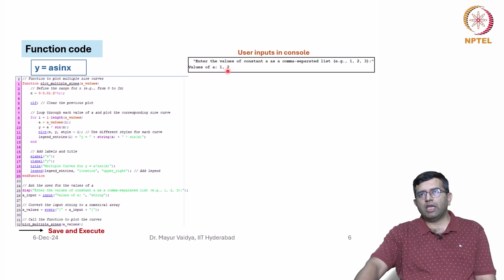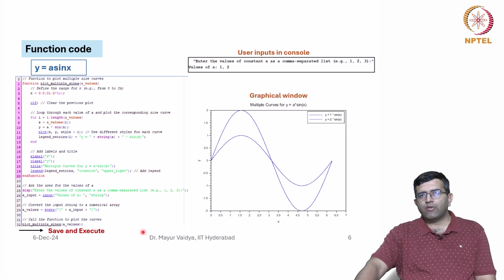Similarly, for a is equal to 2, for each x it will calculate y is equal to 2 sin x. If you use that to plot the graph, you can see already how it will be generated. This is y equal to 1 into sin x, this is y equal to 2 sin x. So, you can clearly see the differences, the effect, and so on.